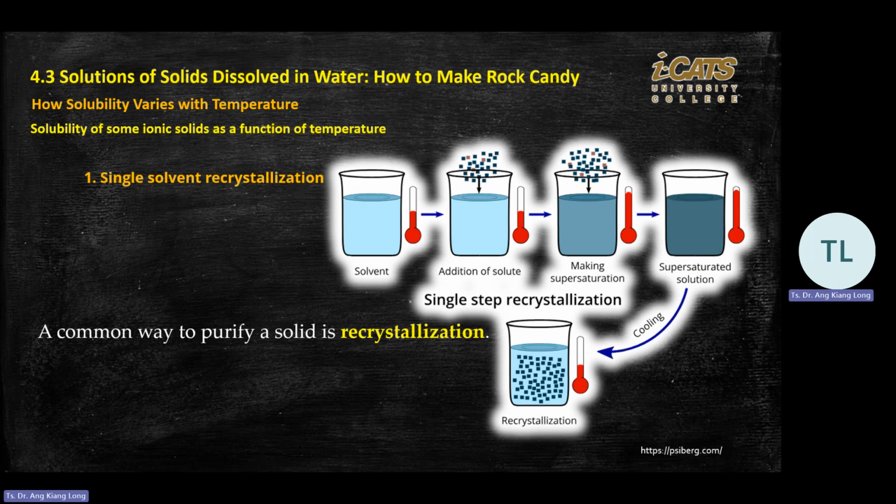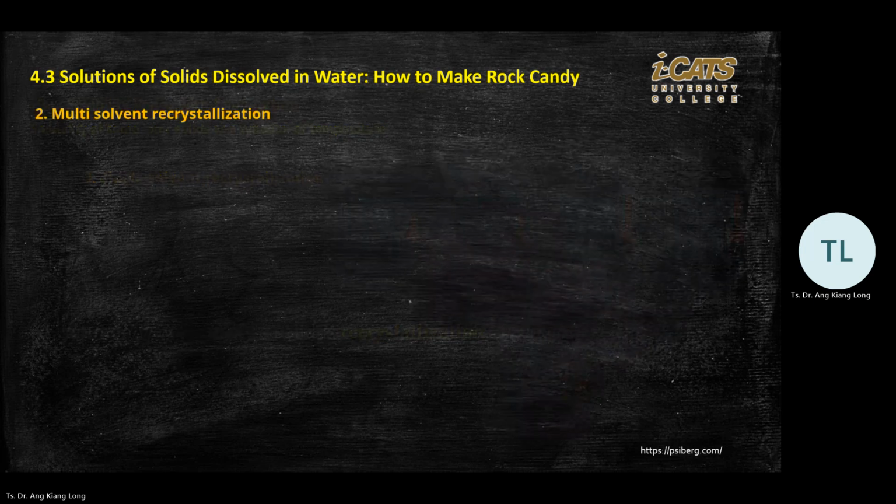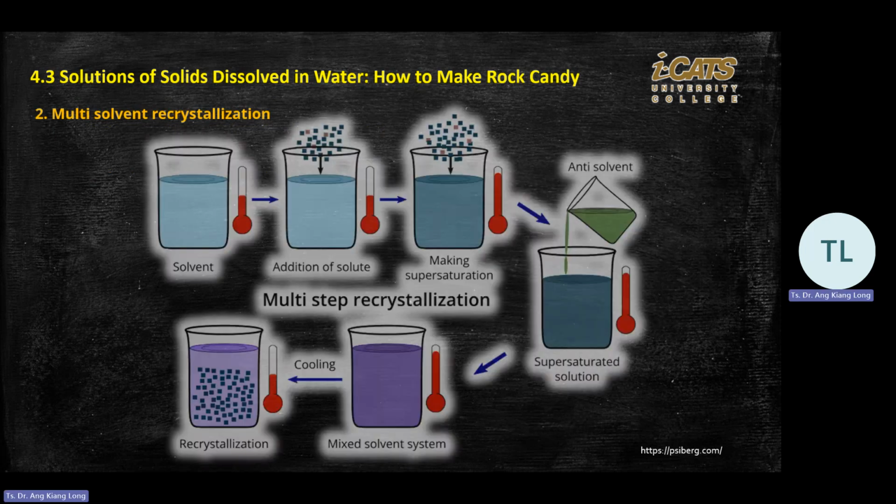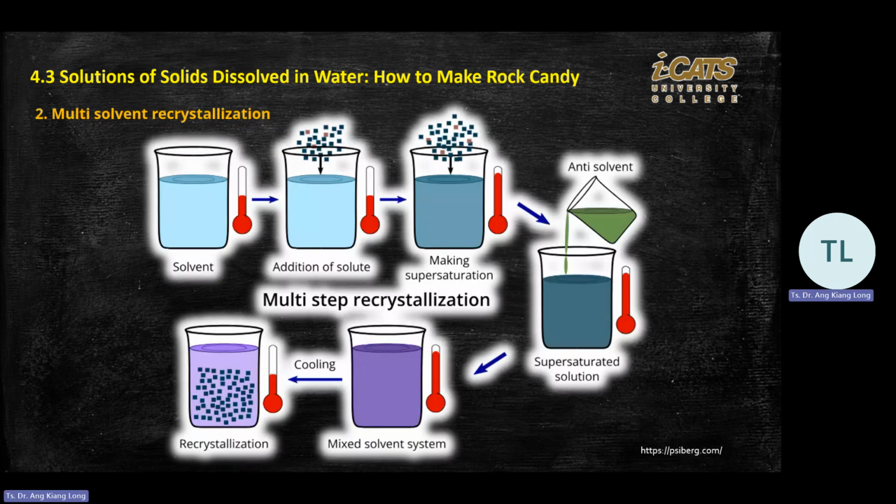How do you conduct the recrystallization process? The first step is single solvent recrystallization. Single solvent means you only have one type of solvent, one type of solute, 1:1. The second type is multi-solvent recrystallization. Multi-solvent means you add in more than one type of solvent.